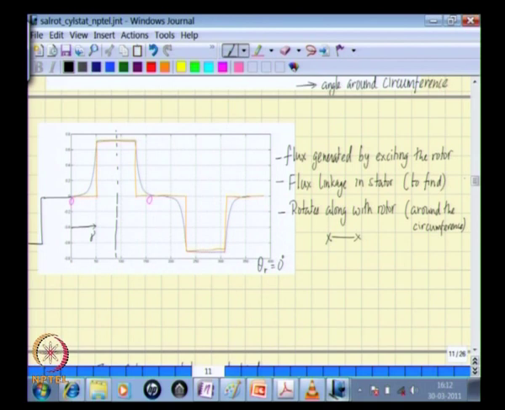and this flux density waveform can be approximated as a quasi square wave shown here in the orange line, that is this waveform, which is 0 over some interval. It has a high value when it is under the face of the pole and then 0 elsewhere.